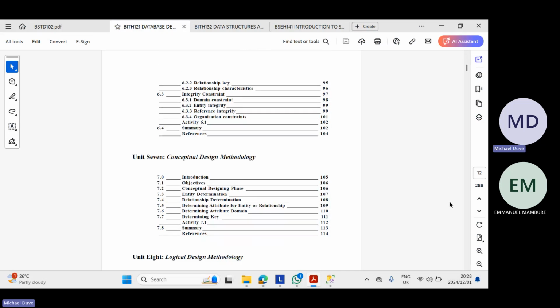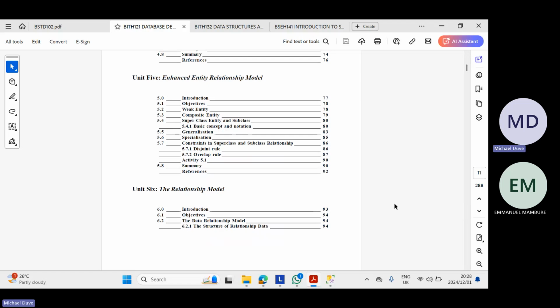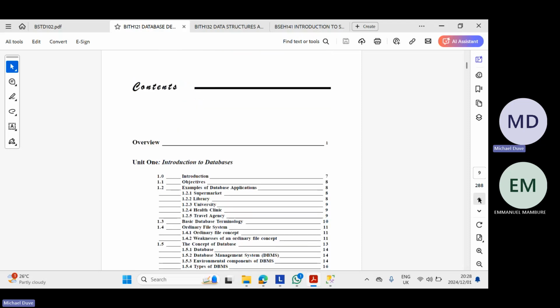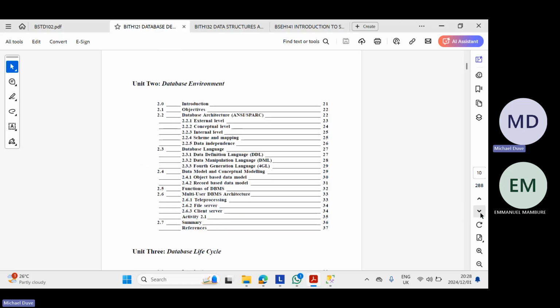So what we have just discussed, what I've just explained to you now, touches on all these units, right? That is unit 1, right? Then it goes to unit 2, right? ANSI-SPARC, it's just a data definition. That is what I've just explained now.